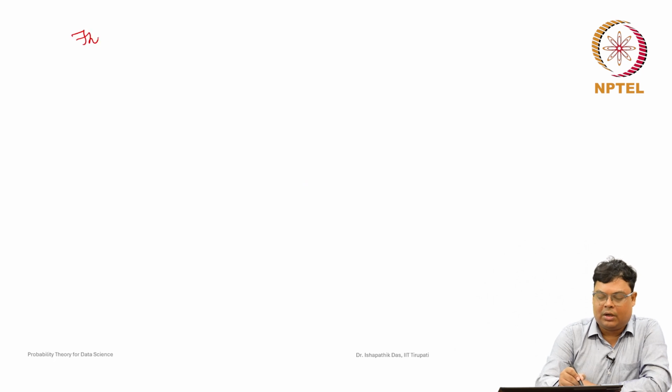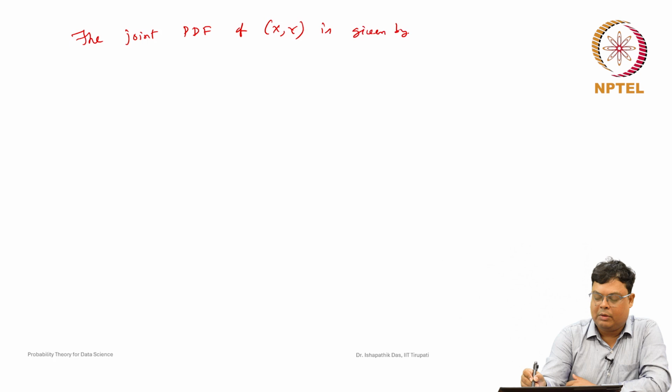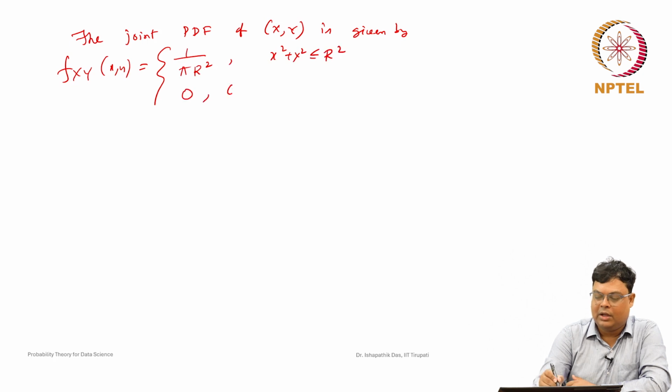So our joint probability density function of x, y is given by f of x, y is equal to 1 by pi r square whenever x square plus y square is less than or equal to r square, 0 otherwise.